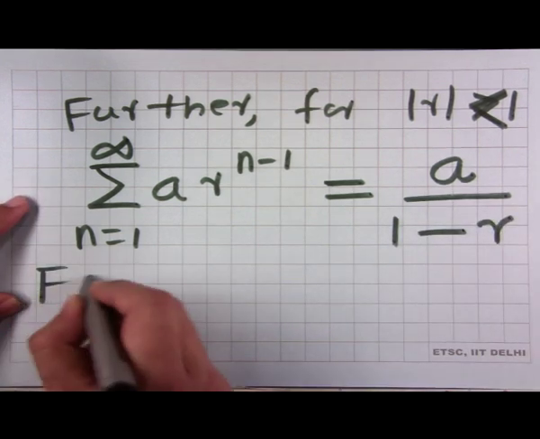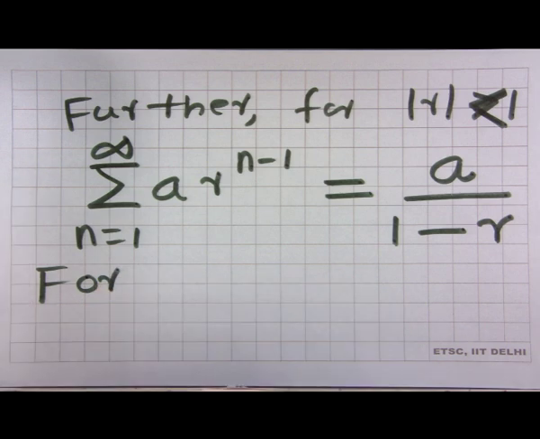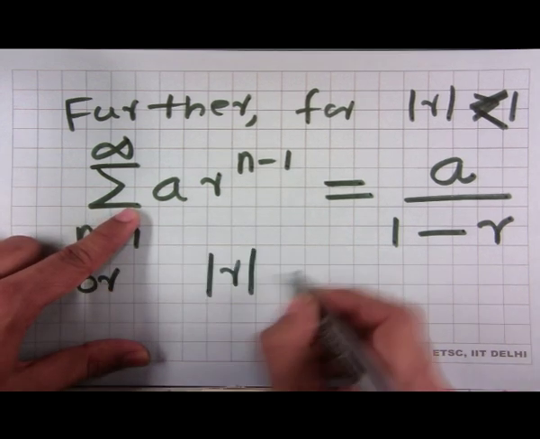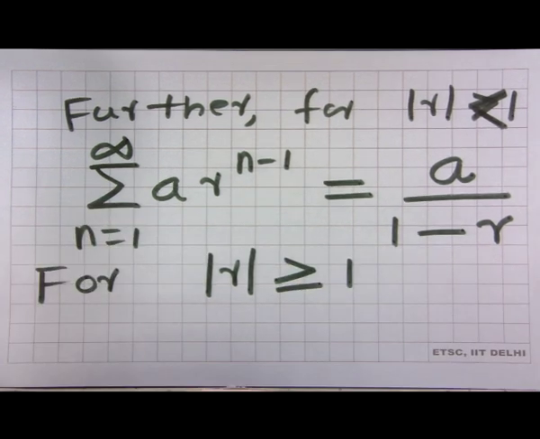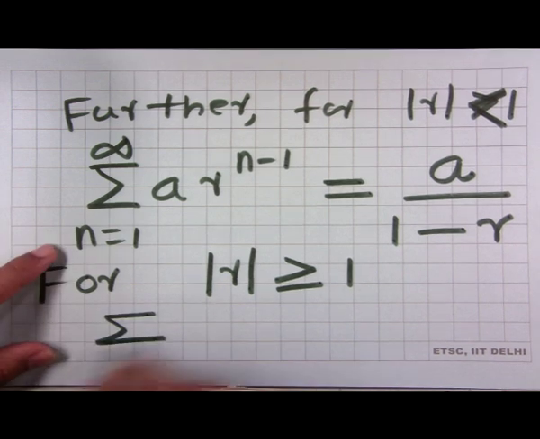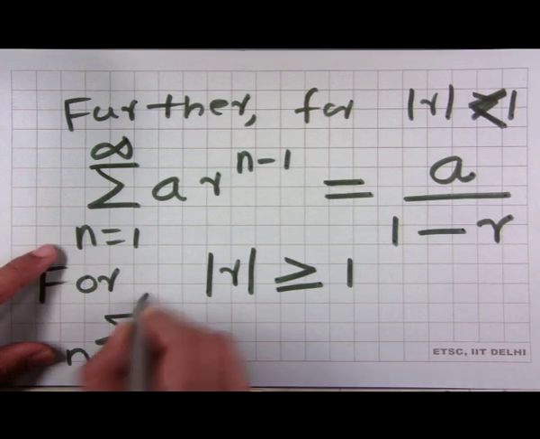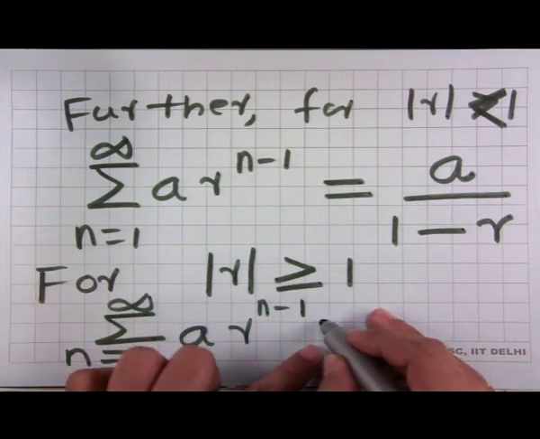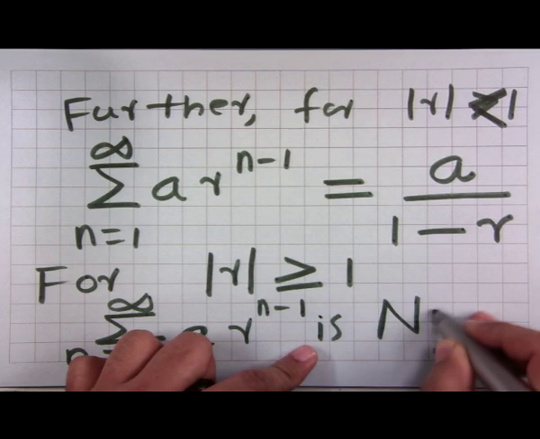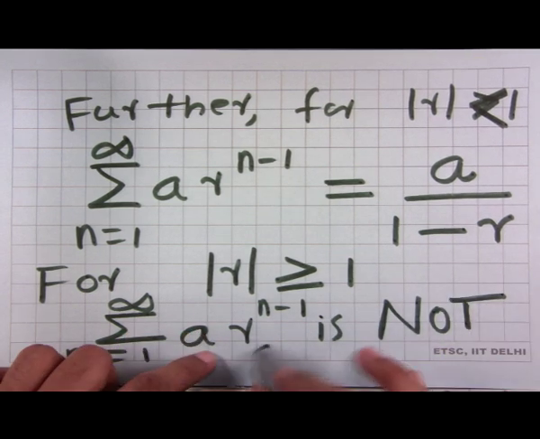For other values of r, that is |r| greater than or equal to 1, the summation n equal to 1 to infinity a r^(n-1) is not convergent.